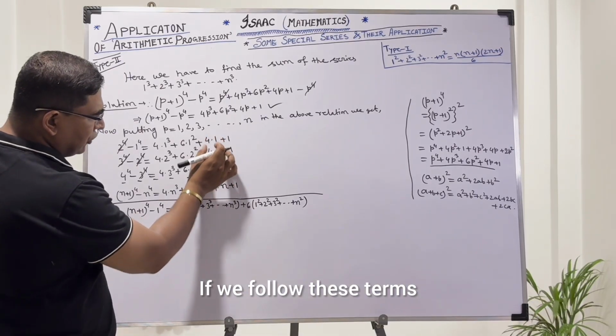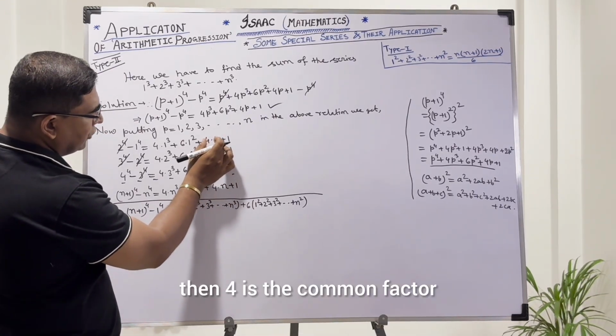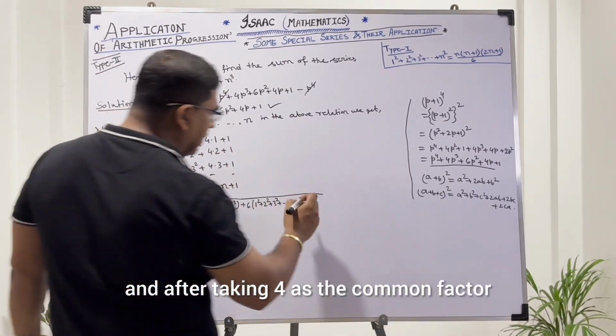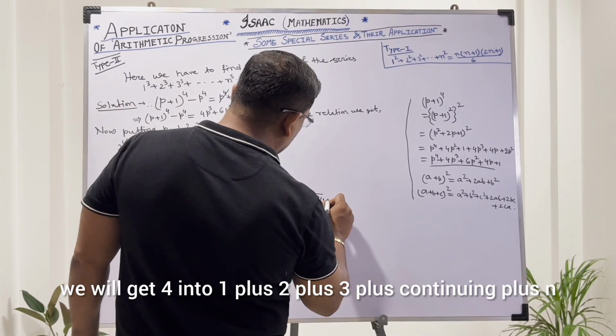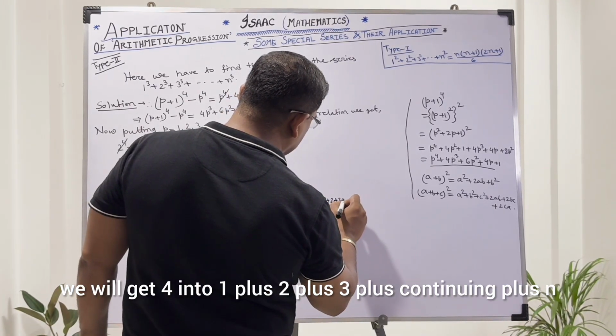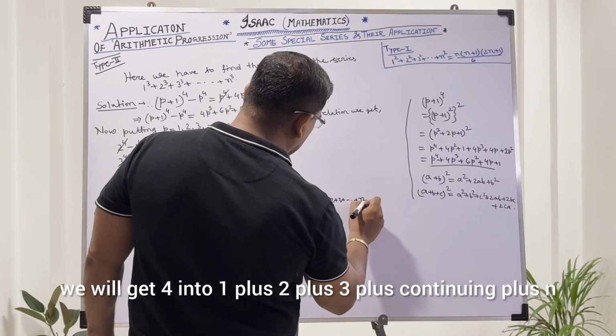If we follow these terms, then 4 is the common factor, and after taking 4 as the common factor, we will get 4(1 + 2 + 3 + continuing plus n).